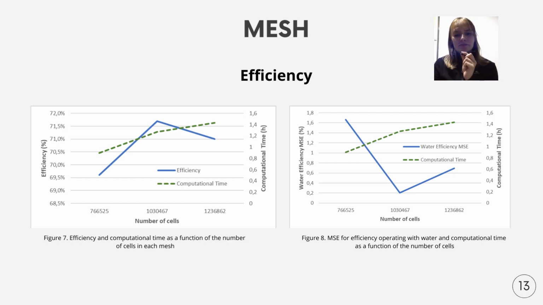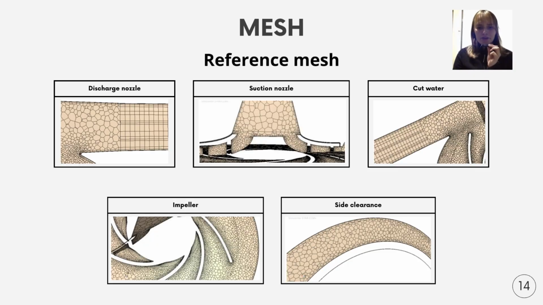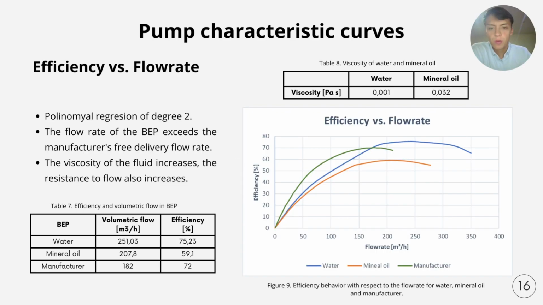After analyzing all three meshes, efficiency was prioritized, and we chose to use the reference mesh because it has the lowest error in efficiency. Here you can observe the chosen mesh, which was the reference mesh, in K locations of the pump's internal volume.